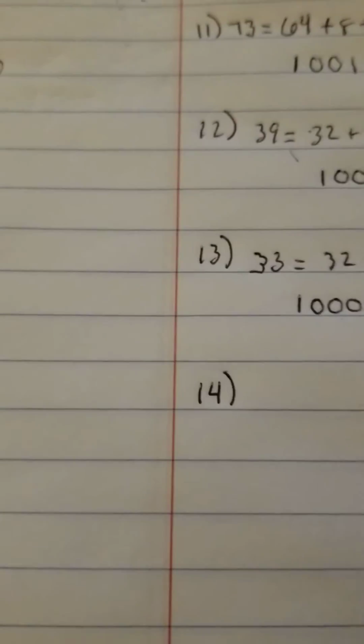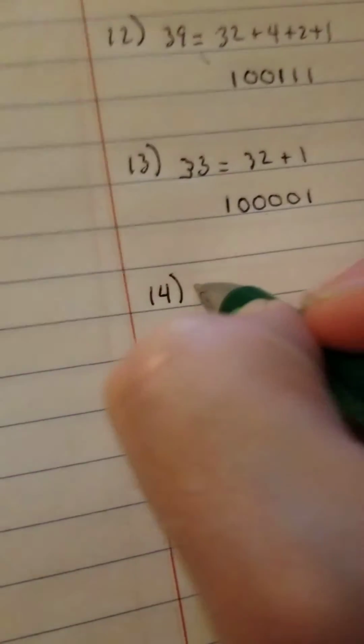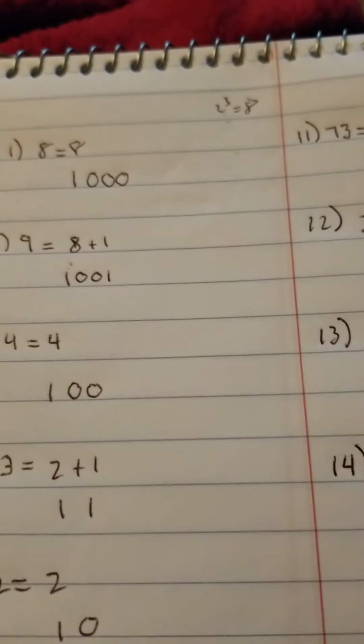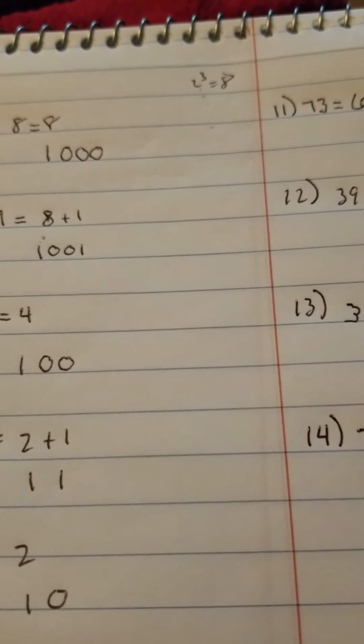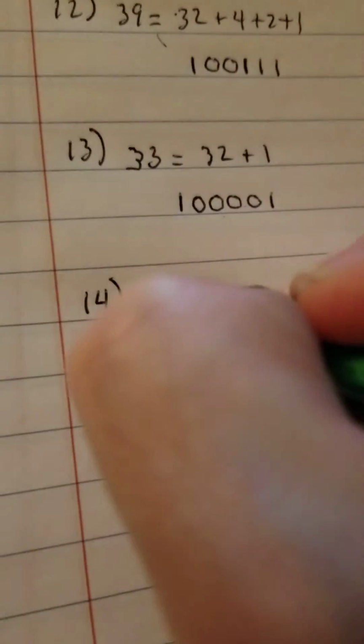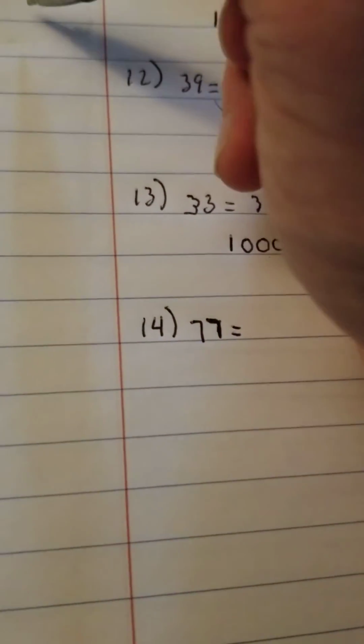Where's 14? What do we got? Okay, number 14 is the number 77. So I'd need to go to 64, because that would be, well, 2 to the 4 would be 16, 5 would be 32, 6 would be 64.